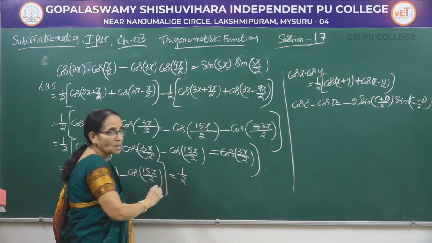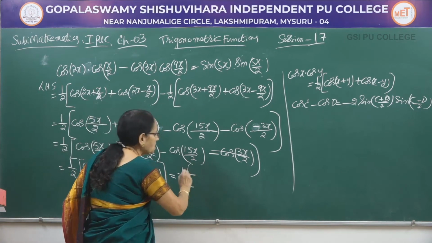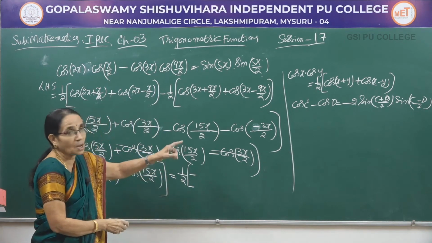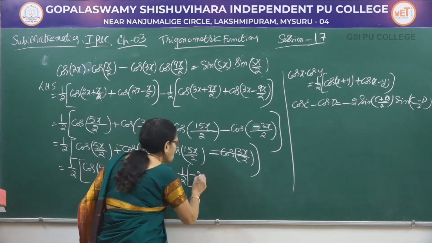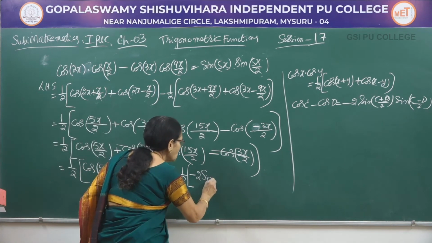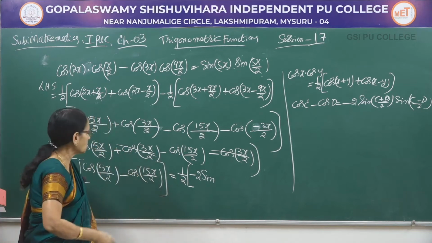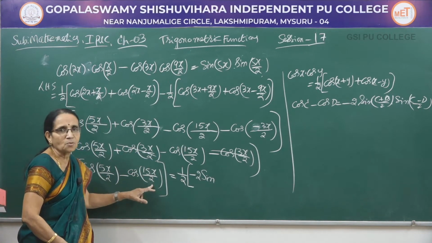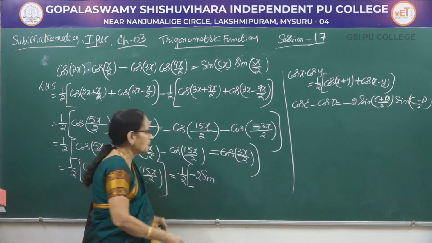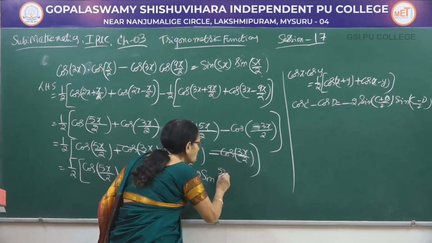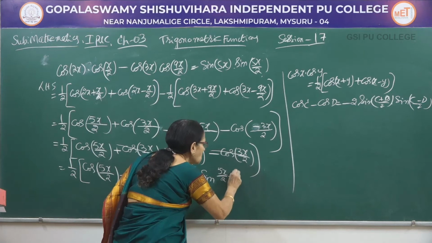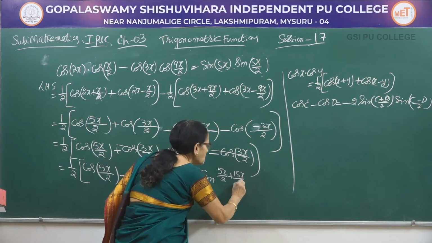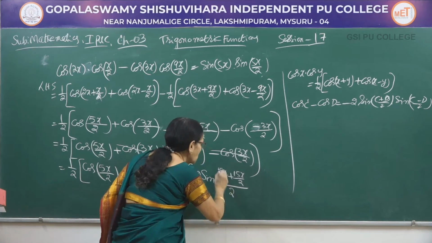Apply the same formula. Better write the minus bracket because we are having a minus sign, minus 2 times sin of, be careful about the arithmetical calculation. C means 5x by 2, D means 15x by 2. C plus D by 2 means 5x by 2 plus 15x by 2, whole thing divided by 2.